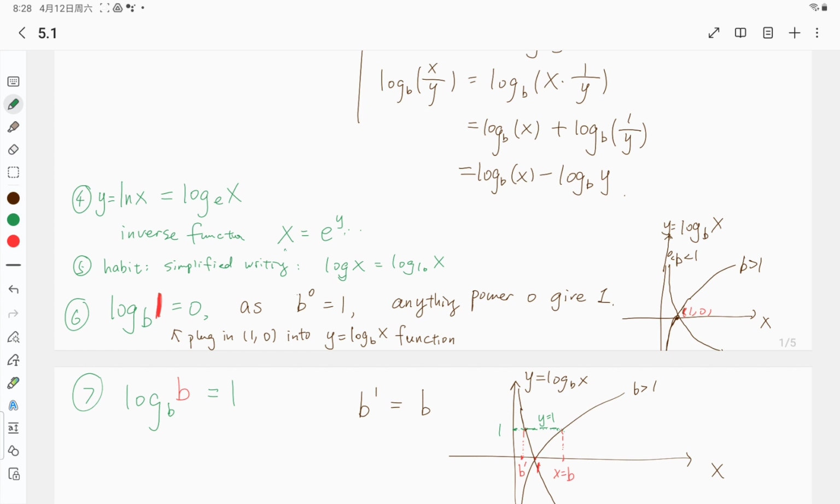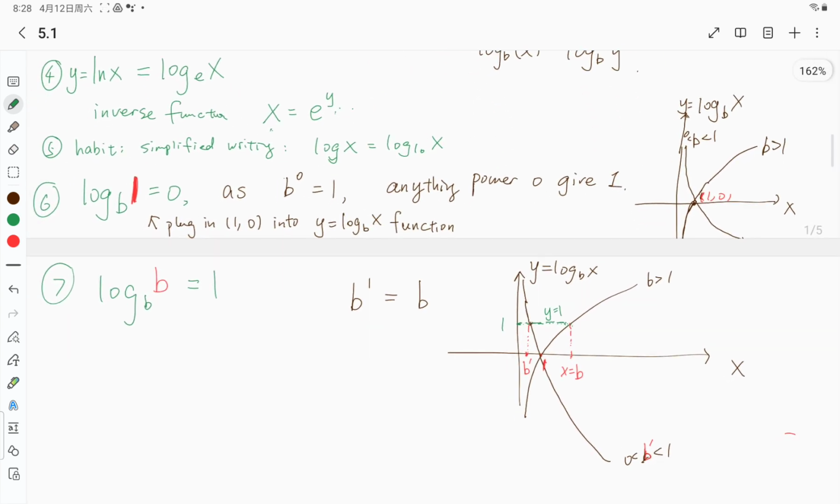No matter what the value of b, this is my sketch of the logarithm function for any b. Whether b is greater than 1, which is shaped this way, or if b is less than 1 and greater than 0, it's shaped this way.